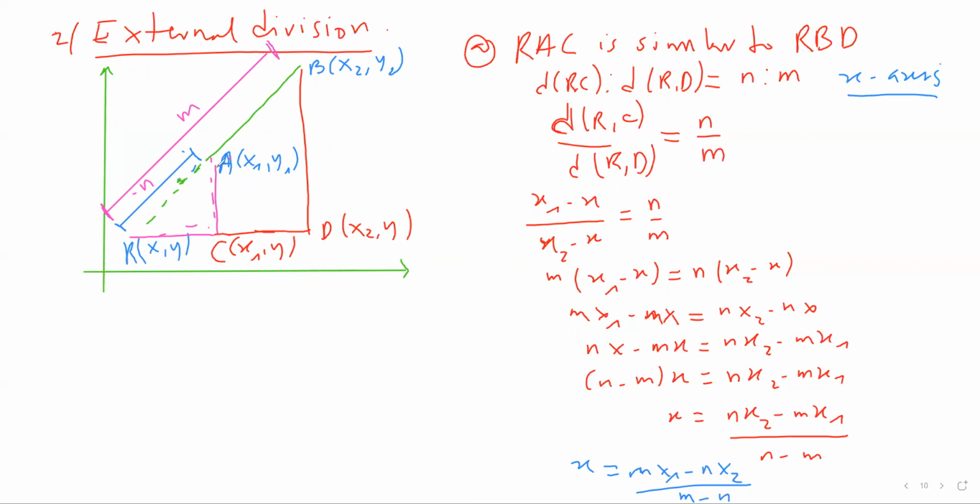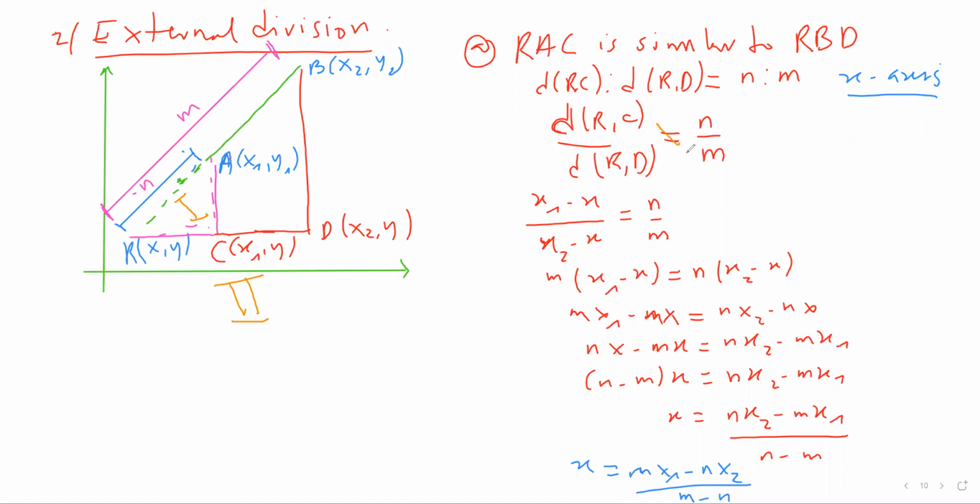If you do that, then similar ideas, you have a triangle 1 and a bigger one, triangle 2. So RAC and then RBD. So if you do that, also, then you see that the distance RC and the distance RD are in a ratio n to m.